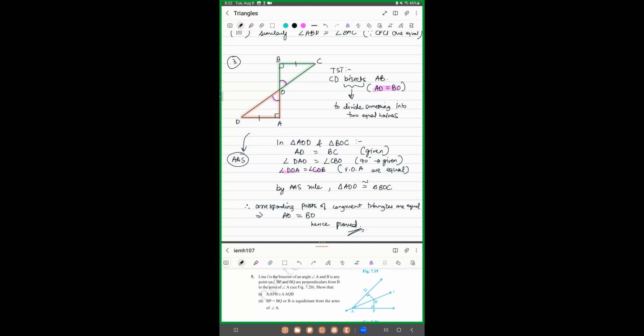Shall we move ahead? Yes. Yes or no? Move ahead, yes or no?